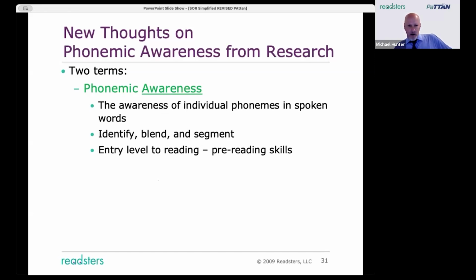If I give them the word top, they can easily tell me the sounds. If I give them the word thick, they can tell me the first sound is th and the last sound is k, and then that leaves the middle sound i. So they need to be able to operate without print, orally, at that level to start phonics. If they are struggling with that, they are going to struggle with phonics.